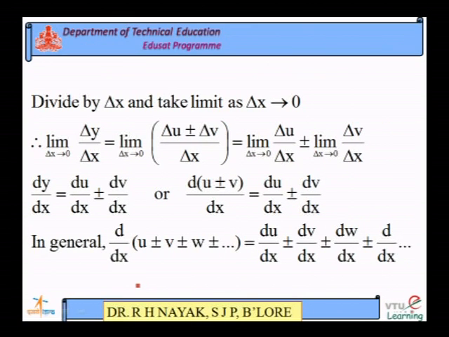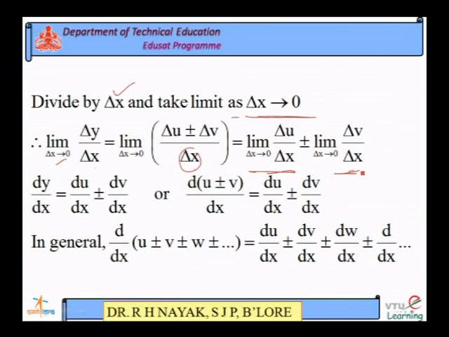The next step, we have to divide on both sides by delta x, and we have to take the limit as delta x tends to 0. Therefore, the left hand side becomes limit of delta x tends to 0, delta y by delta x, and the right hand side becomes limit of delta x tends to 0, delta u plus or minus delta v divided by delta x. I divide this delta x for both the numerator terms. This is delta u by delta x plus or minus delta v divided by delta x. According to the sum or difference of limits, I can extend the limit, the same limit for both sum terms or difference terms.